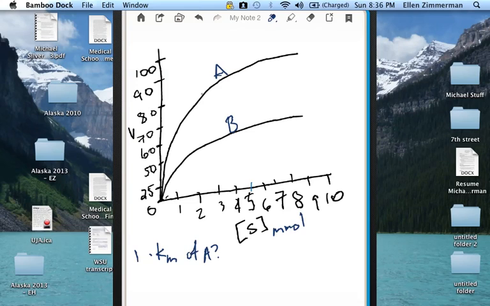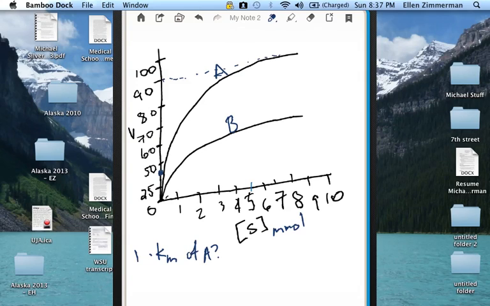So what you do is you find Vmax of A first. Vmax of A looks to be about 90. It's a little skewed, but if you draw it, let's say it's about 90. So take half of 90, which would be 45. So let's say it's about right here. We first take 1/2 of Vmax, so 1/2 of 90, which is 45.